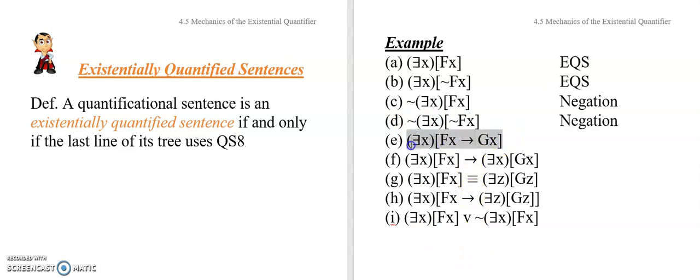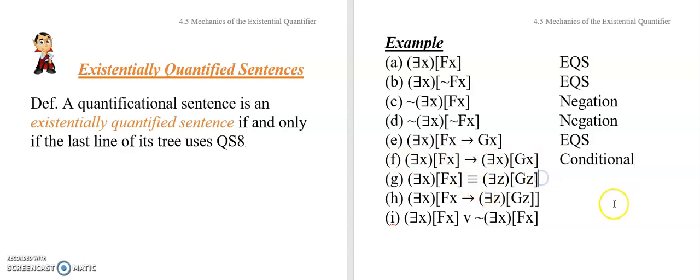What about this? Is this a conditional? Is it an existentially quantified sentence? What is this? This is an existentially quantified sentence. If you were to build it up using the trees we've been doing, the last line would use QS8. This is an existentially quantified sentence. This is a conditional. The last line would be QS5. This is a conditional, okay? So the antecedent is this thing. The consequent is this thing, all right?